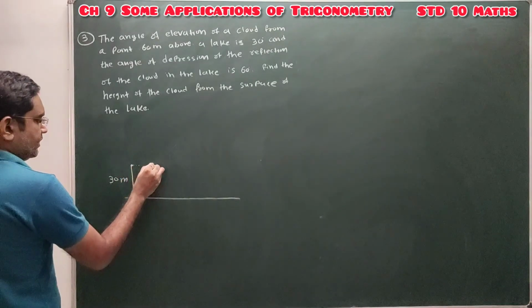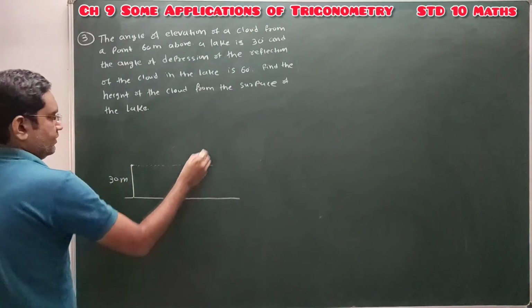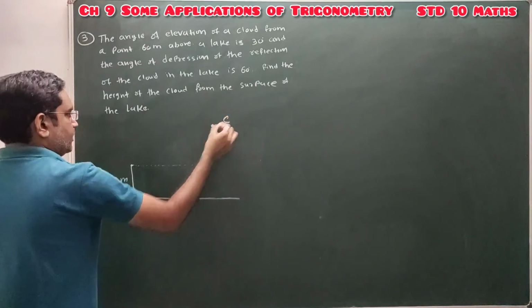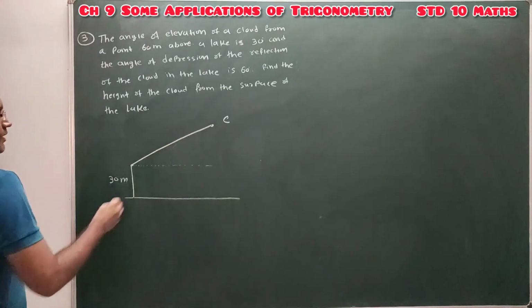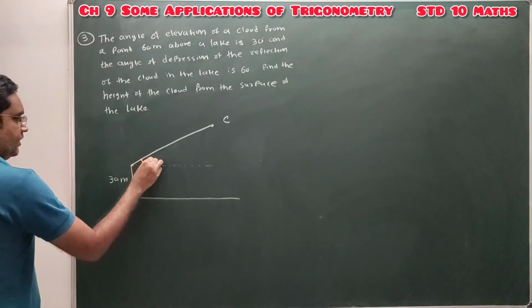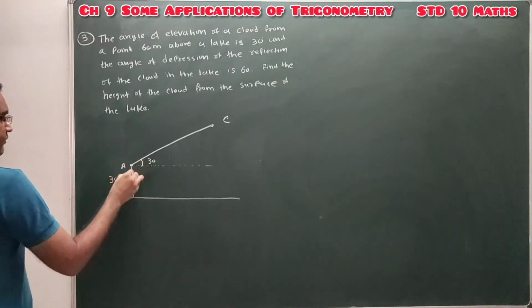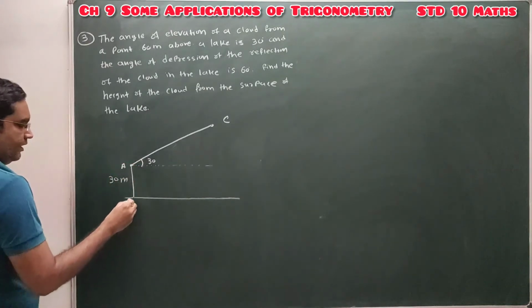So this is our horizontal line, and suppose this is cloud C. So angle of elevation of this cloud is 30 degree from the point A, which is 30 meter above the lake.